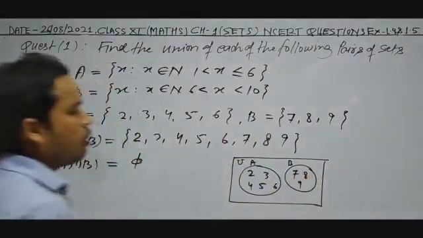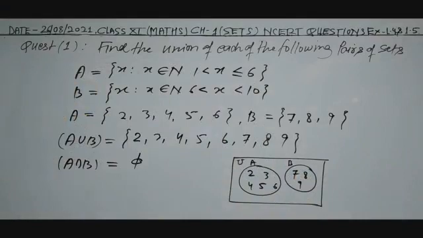Because there are no common elements, they will not overlap. So A intersection B will be empty.